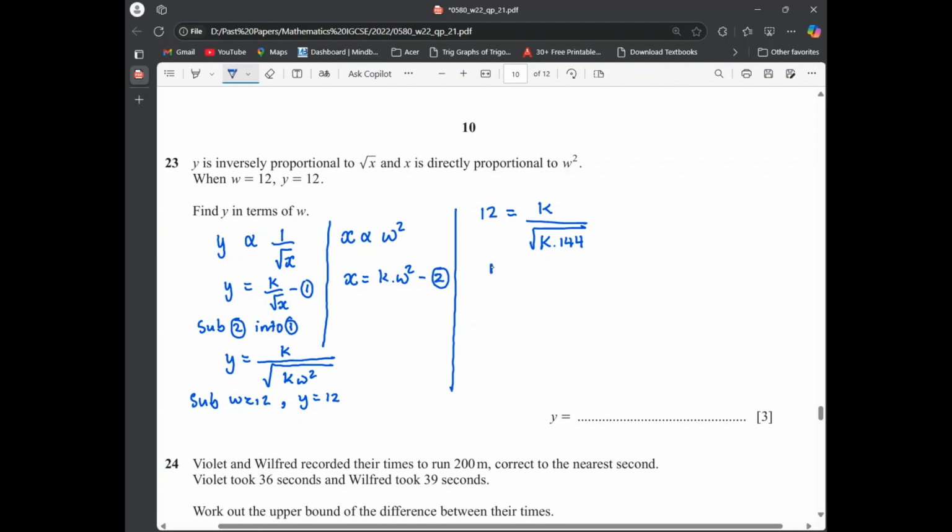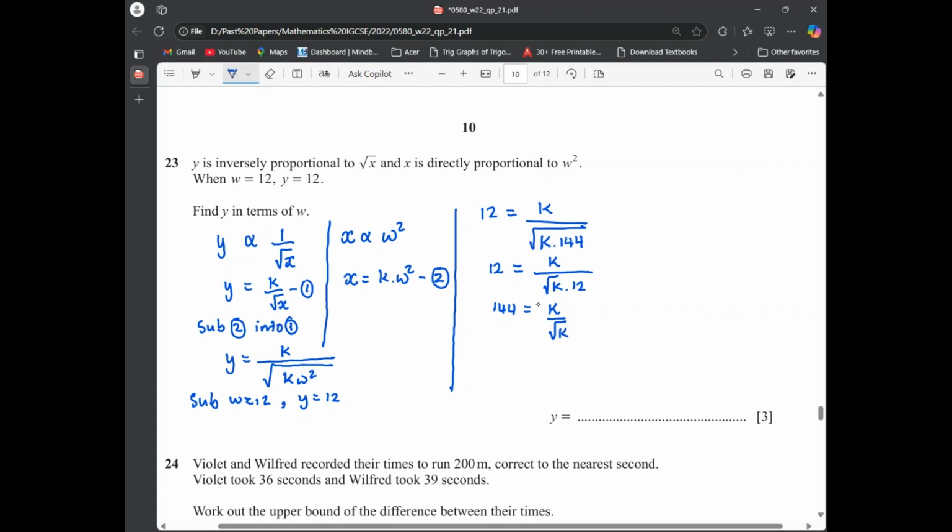So 12 equals k divided by root k times 12, since the square root of 144 is 12. Multiply both sides by 12. I get 144 equals k divided by the square root of k.